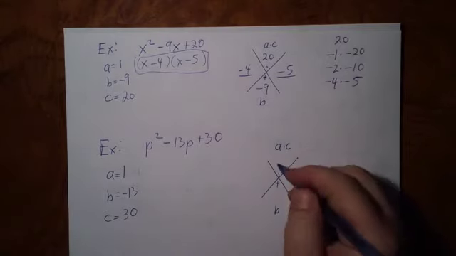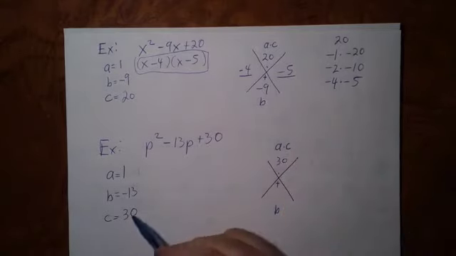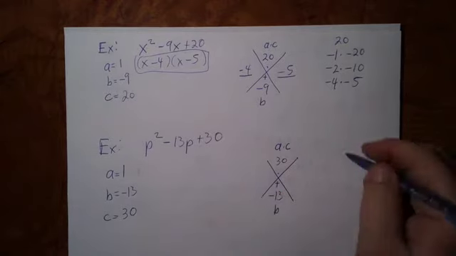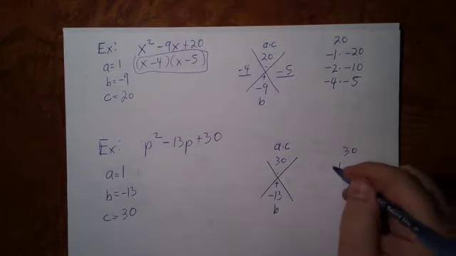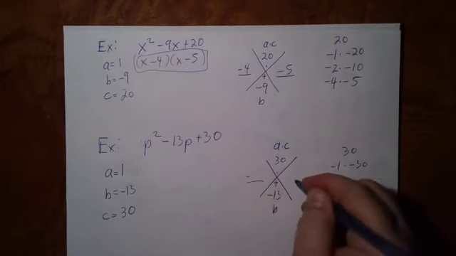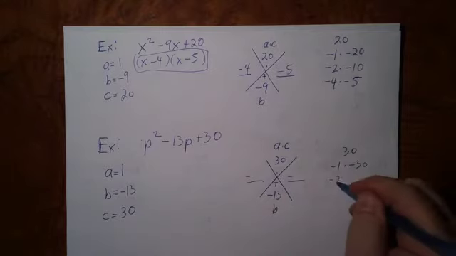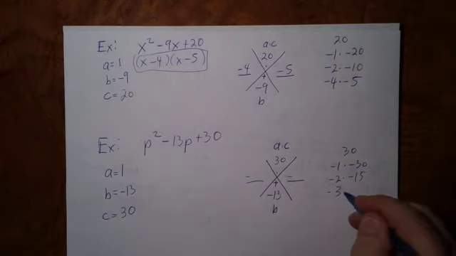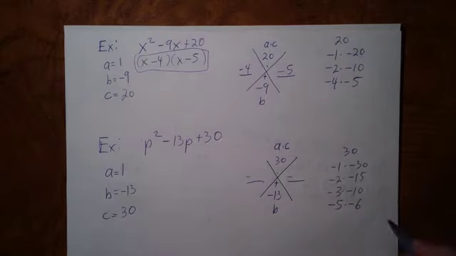So here, we're looking for two numbers that multiply to 30 and that add to negative 13. Well, the numbers that multiply to 30 are negative 1 times negative 30. Again, these are going to be two numbers that have to both be negative. Negative 2 times negative 15, negative 3 times negative 10, and negative 5 times negative 6.